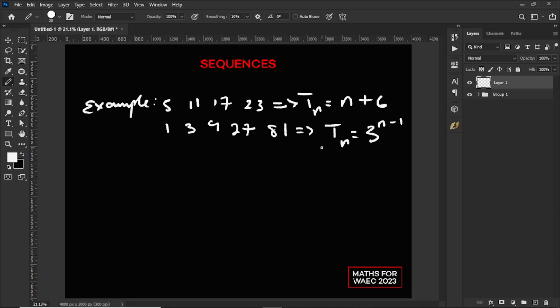Full stop. The nth term of a sequence may be represented by T sub n.